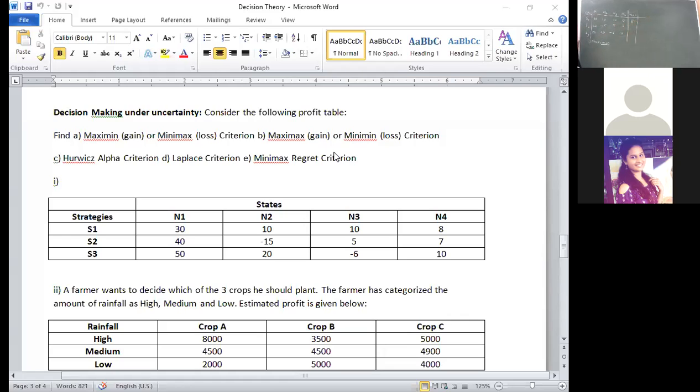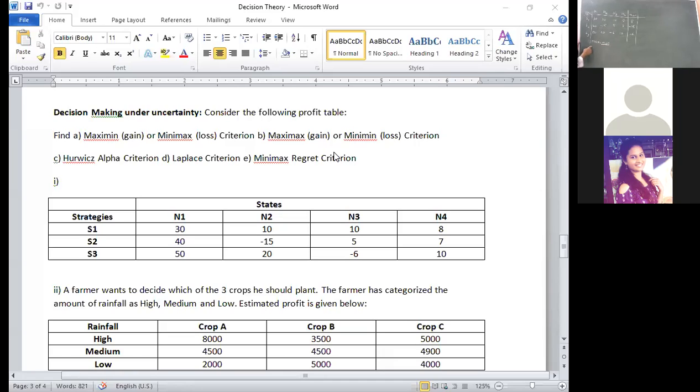Write it down. In strategy S2, we again have four values. Among those four, you have to choose the minimum value. Remaining three values are positive, only one value is negative. That's why it is minimum. The value is minus 15. Similarly, in strategy S3, we have three positive values and one negative value, that is minimum, that is minus 6.